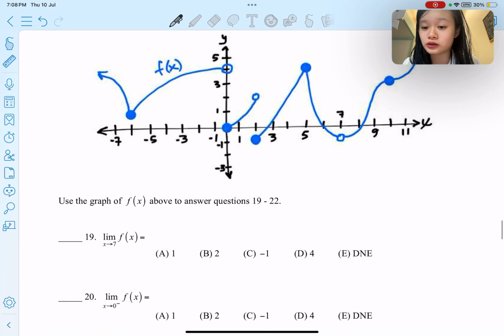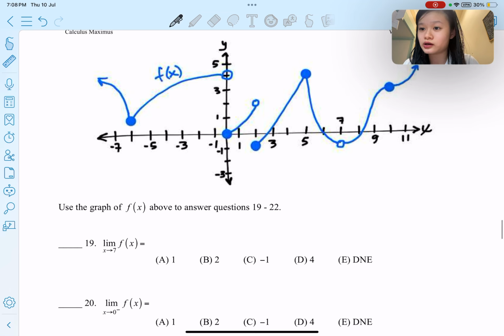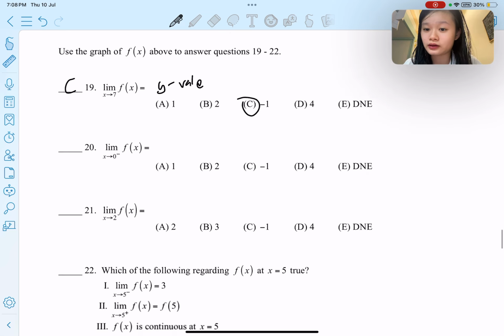Number 19, this is quite easy. The limit of f of x as x approaches 7: if it says f of x or this, just always look for the y value. The y value when x is 7 here will be -1.